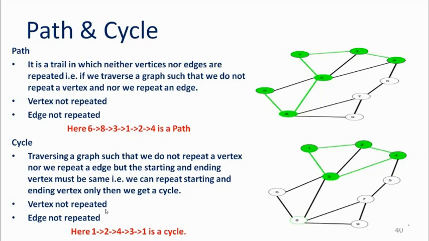Only then can we get a cycle. So in cycles also, vertex is not repeated and edge is not repeated, but the starting and ending vertex is the same. You may go in any available path. Here 1, 2, 4, 3, 1 forms a cycle. In the next lecture, we'll see Euler graphs, Hamilton cycles, Hamilton graphs, and graph coloring.